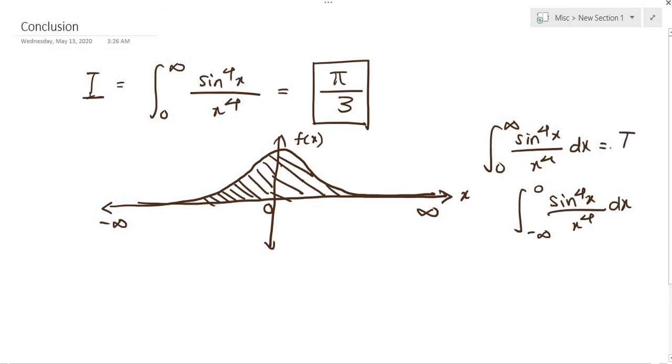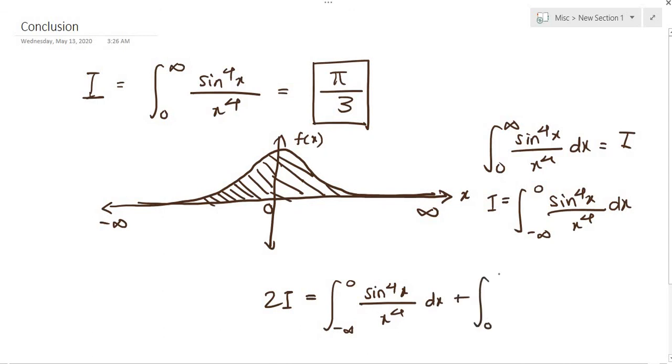So if you call this I, even this will be the same I. So why don't we add both of them? So why don't we say 2I? Well, 2I is equal to the integral from negative infinity to 0 of sine to the 4th of x over x to the 4th dx plus the integral from 0 to infinity of sine to the 4th of x over x to the 4th dx.